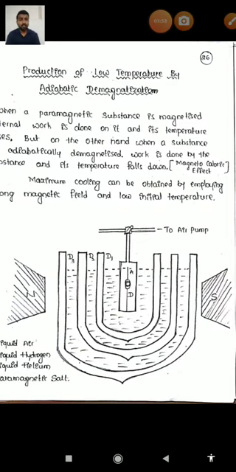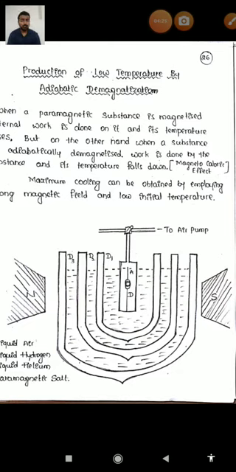We know that in an adiabatic process, inside a closed system, there is no heat exchange. Here also, the paramagnetic substance attains the initial low temperature, and keeping that initial low temperature, the magnetic field is removed.